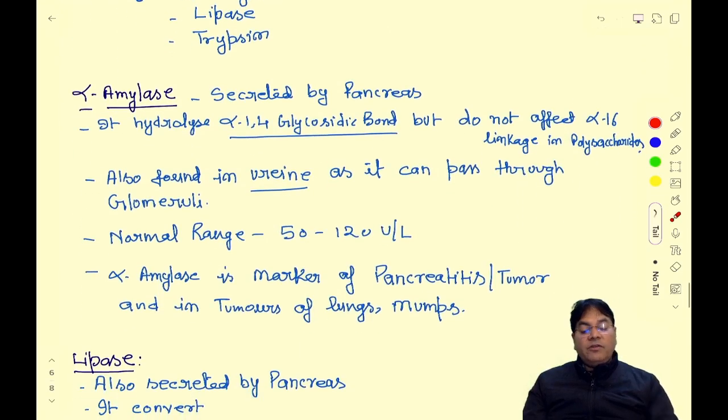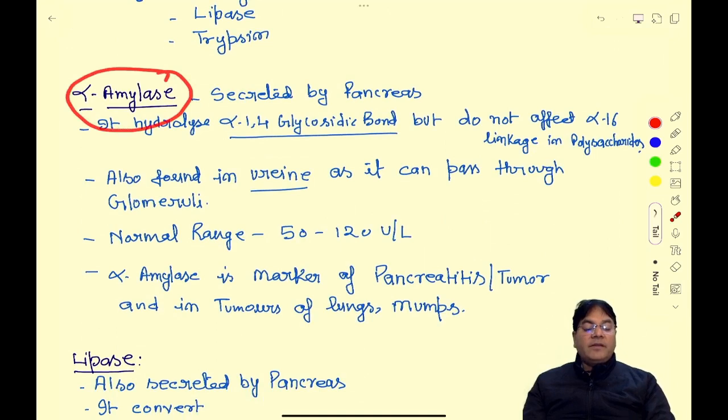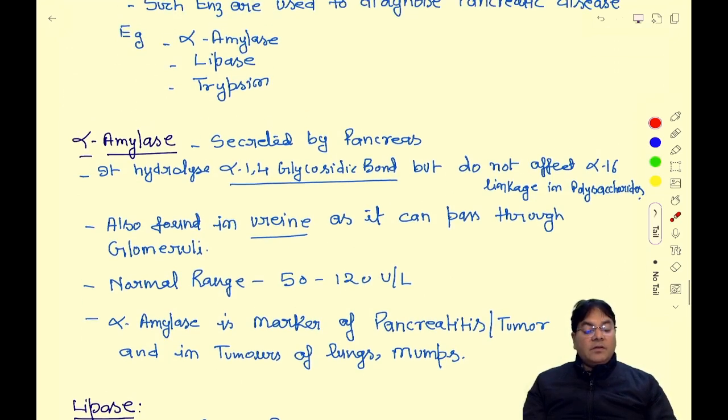Now, if you talk about the first enzyme, that is alpha amylase, it is secreted by the pancreas. Now, what happens? This enzyme is actually degrading the polysaccharides. More correctly, it breaks down the alpha 1,4 glycosidic bond, but not 1,6. If you have seen the structure of polysaccharide, glucose, glucose, glucose, glucose, this is 1,4 glycosidic linkage.